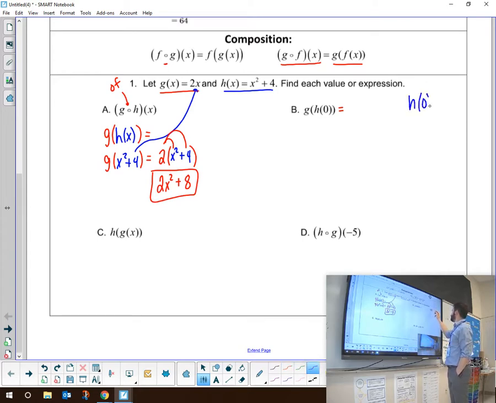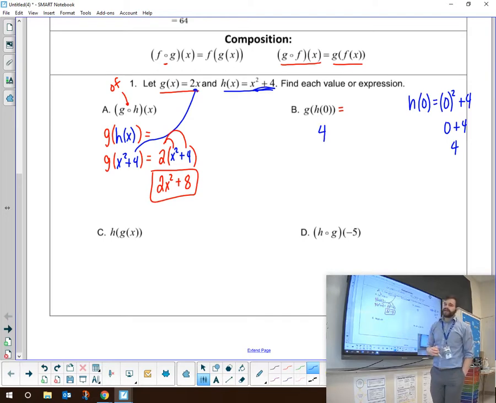Off to the side, h of 0 equals, here's my normal equation, 0 squared plus 4, instead of having that x. Of course, 0 squared is 0. 0 plus 4 is 4. So that's what h of 0 equals.